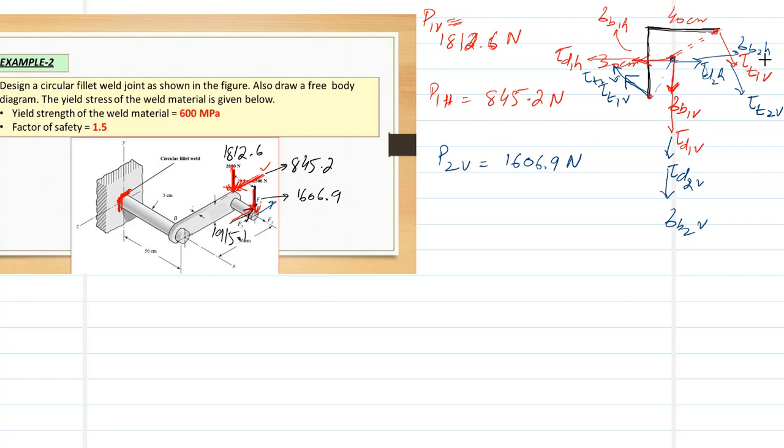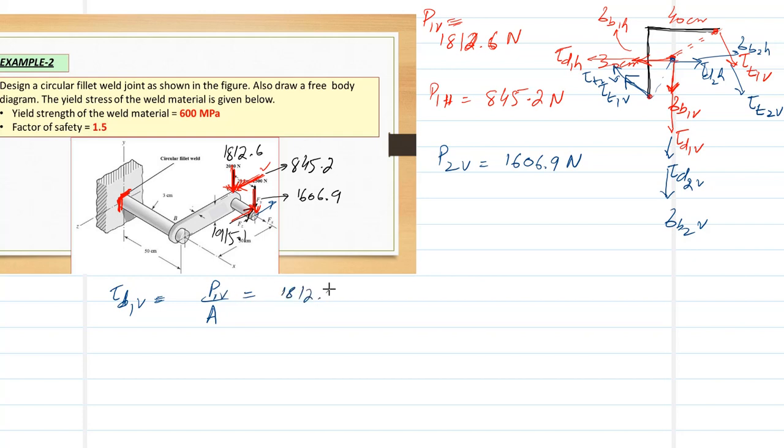So what we have to do is sum up all the stresses. First of all, quantify all these stresses. It will take some time to quantify, but we try to do that in this problem. So let's find first tau D1V, which is P over A. P1V over A. Now P1V is 1812.6.